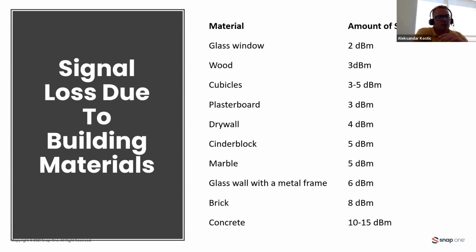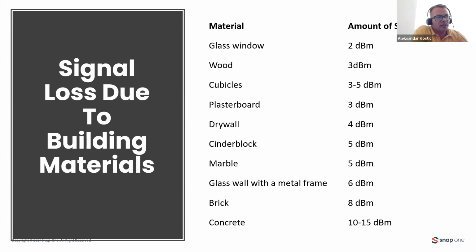So, for example, if we have a signal at minus 65 on one side of the concrete wall, on the other side it will have a level of minus 80, which, if you remember, I mentioned is an unacceptable level of Wi-Fi signal.